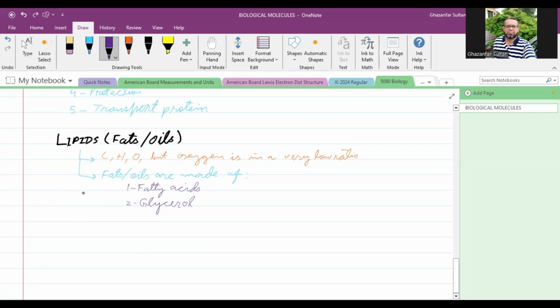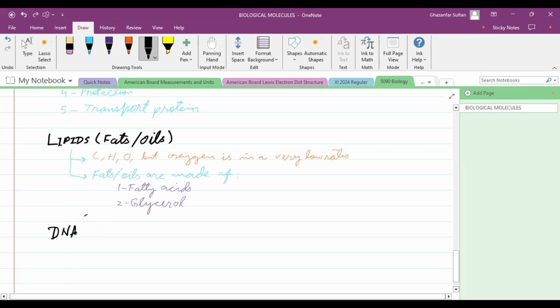Okay. Examples of lipids are all types of fats, oils, ghee, butter. In egg yolk, there is a large quantity of fats as well. Fats are also present in dry fruits, almond, walnut, and others.